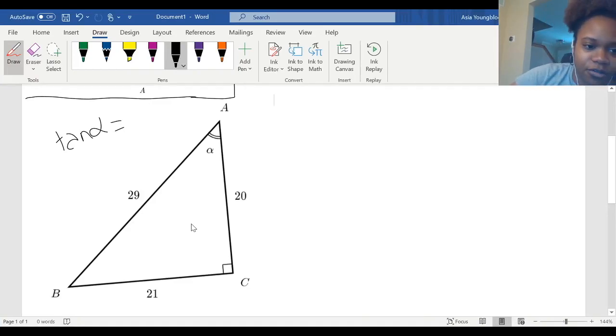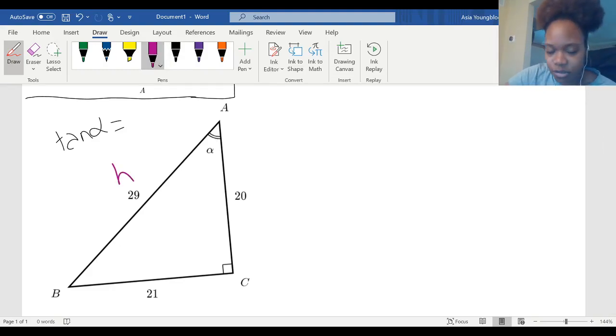So our reference angle is alpha. We want to label the sides of our triangle. The 29 is the hypotenuse because it's across from the right angle. The 21 is the opposite because it's across from our reference angle. And the 20 is our adjacent because it's touching our reference angle.